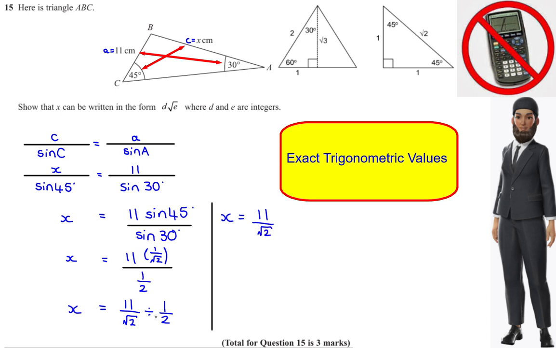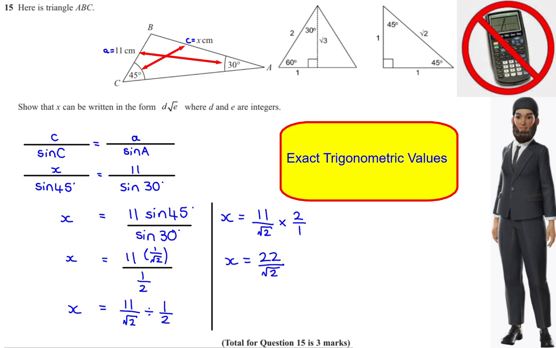Now we're going to keep the first fraction, change the divide into a times, and flip this, so you end up with 2 over 1. So now let's expand that out. Let's multiply through. 11 times 2 is 22, all over root 2, because root 2 times 1 is root 2.